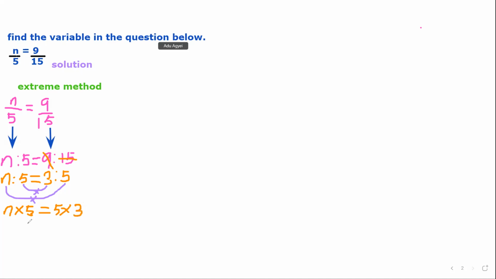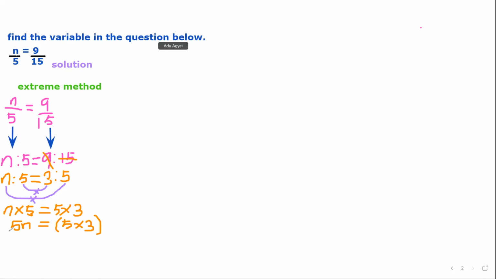Okay, therefore n times 5 is 5n. Okay, which is equal to 5 times 3. Let's assume that we don't know, so you put them in a bracket, which is 5 times 3 in a bracket. Okay, good. Because we want to find letter n, not 5n.